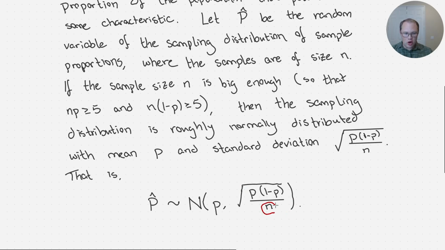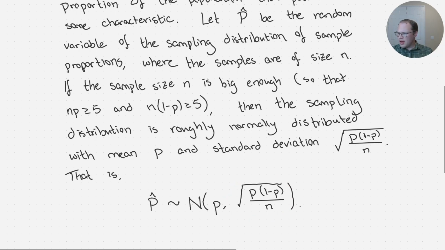Generally, a larger sample size means your standard deviation will be smaller. Remember, larger denominator means smaller fraction. So as our sample size n gets bigger, the denominator of this fraction is getting bigger, so the standard deviation is getting smaller. That means that for larger sample sizes, our sample proportions tend to get closer to the population proportion. It tends to better approximate that population proportion.